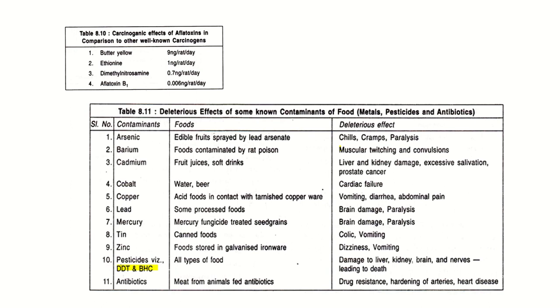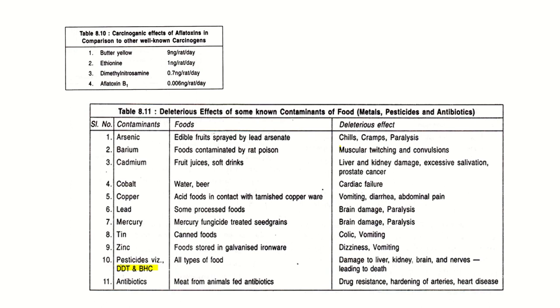So if you eat edible fruits sprayed with lead arsenate, and the quantity is higher than the permissible limit, it causes cramps, paralysis, or chills too.